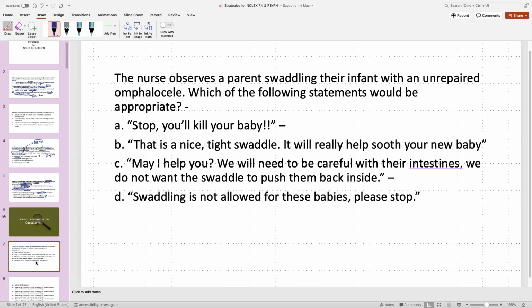The nurse observes a parent swaddling their infant with an unrepaired omphalocele. Which of the following statements will be appropriate? Let me repeat the question. The nurse observes a parent swaddling their infant with an unrepaired omphalocele. Which of the following statements will be appropriate?